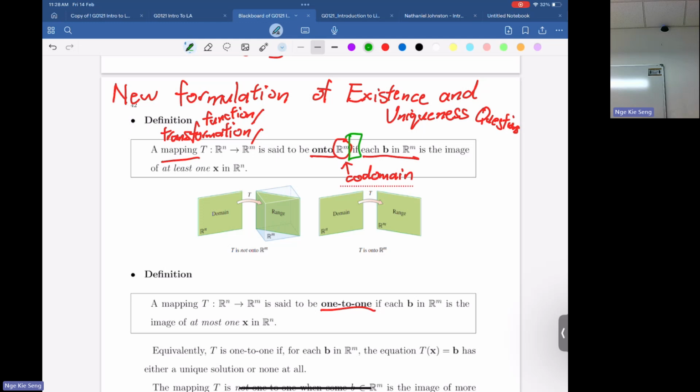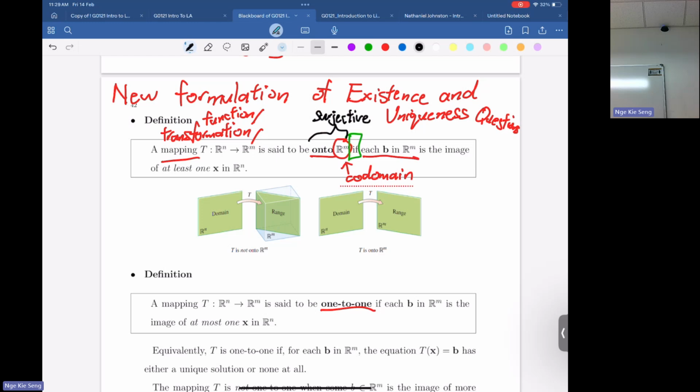If it's not onto, there's something that's not hit by T. Does it make sense? Another word for onto is surjective. Onto the codomain, or surjective.